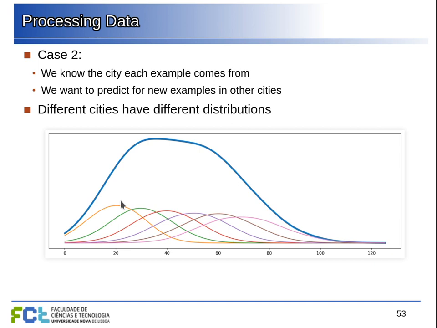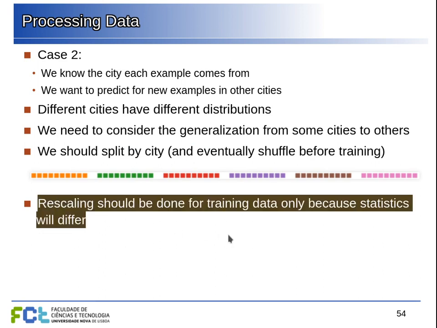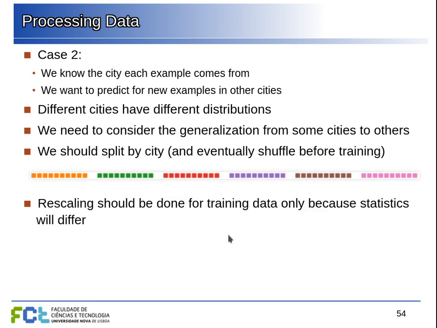In that case, we must take into account that in different cities there are different distributions, and we cannot just assume that the means and standard deviations will always be the same. So in this case, we need to rescale for the training data only, and then see how this works with different cities.